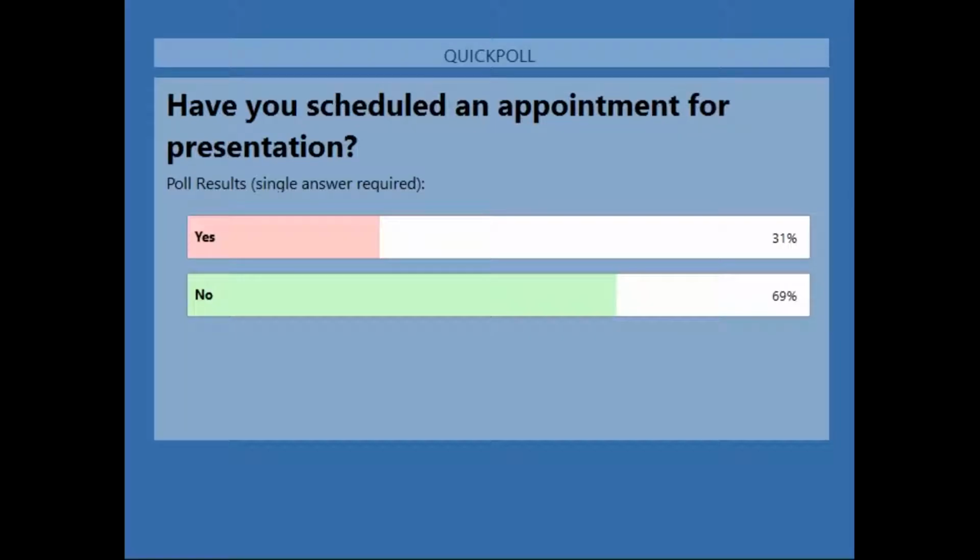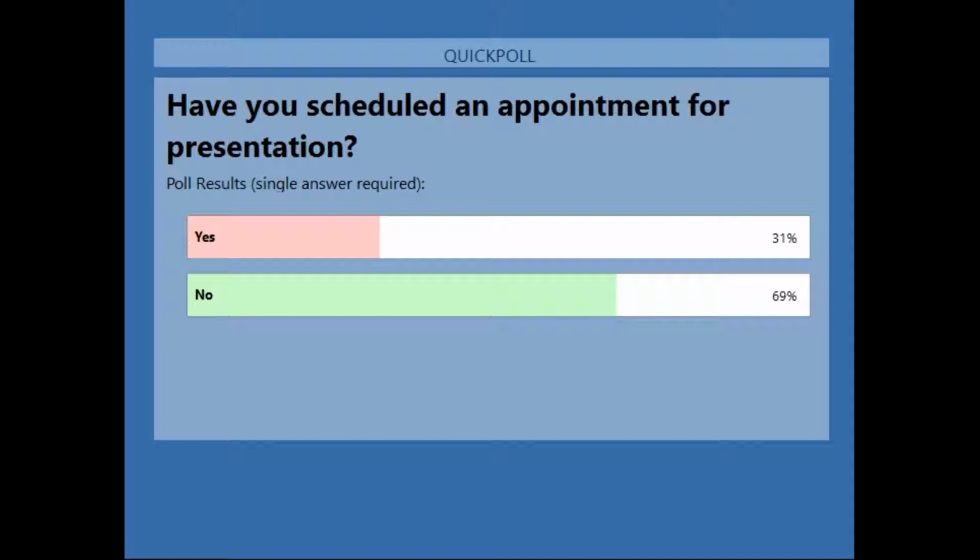And now with about 70% of the votes in, I think we can go ahead and close our poll this morning. Our question was, have you had an opportunity to schedule an appointment based on the information that we've shared thus far? Approximately 30% of our attendees today have scheduled appointments, and the balance have not.